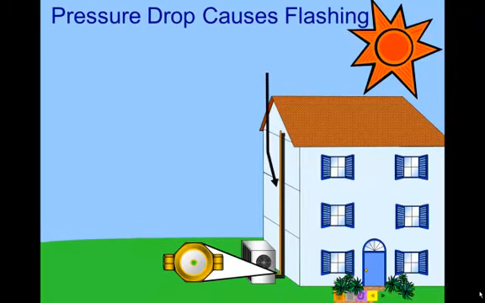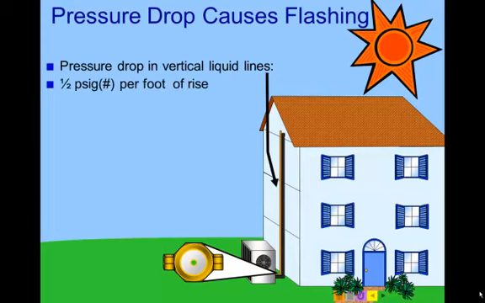The pressure drop causes flashing. Let's take a look at that. The pressure drop in the vertical line, so we're running that refrigerant up the liquid line, vertically up to the attic where the evaporator is located. And we're going to find out that we have a 1/2 pound pressure drop per foot of rise.